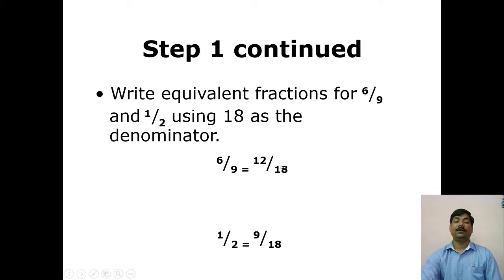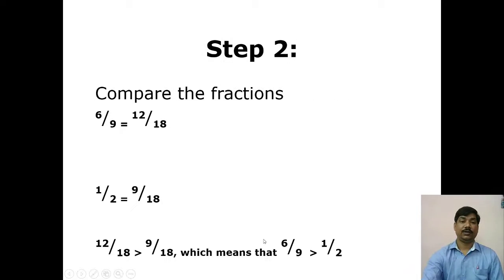So after converting to like fractions, 12 upon 18 is greater than 9 upon 18 because the numerator is greater in comparison to the numerator of the second fraction. So it is clear from step 2, 12 upon 18 is greater than 9 upon 18.